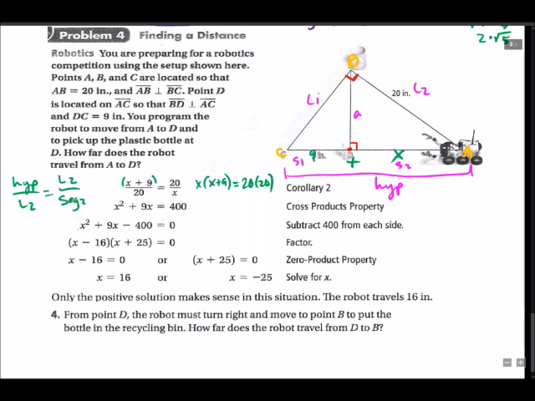How do you factor? Well, you factor your first term. How do we make x squared? X times x. How do we make a negative 400? Well, there's a lot of options. Negative 1 times positive 400. Positive 1 times negative 400.